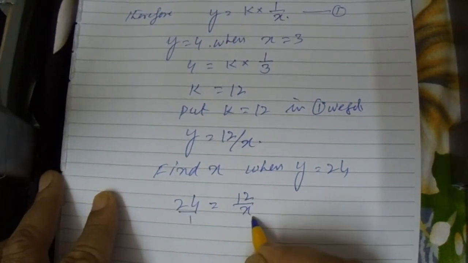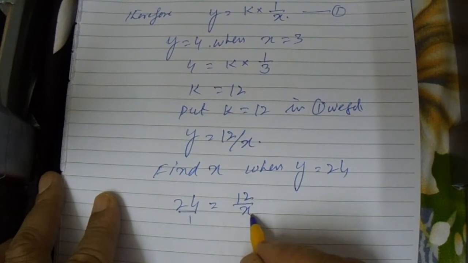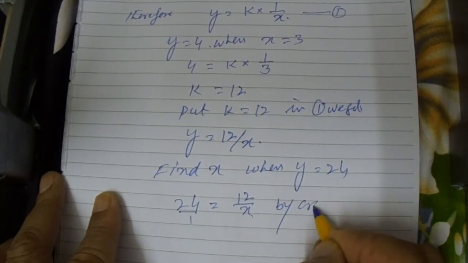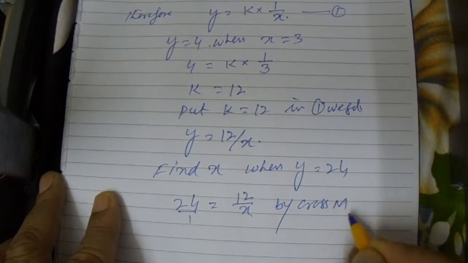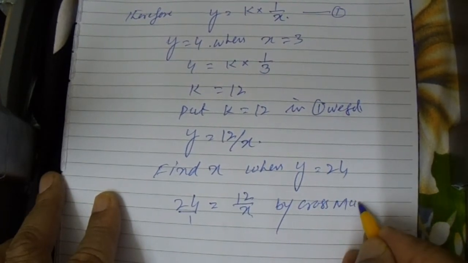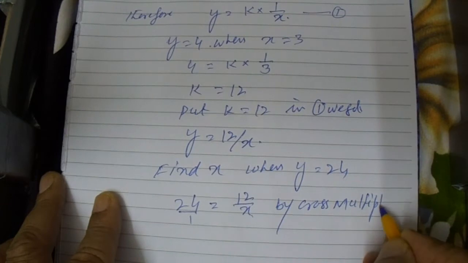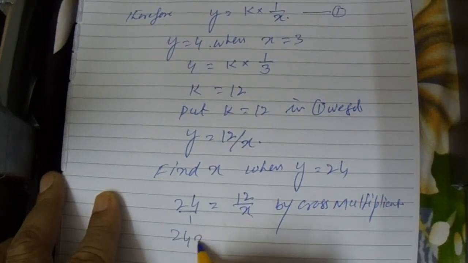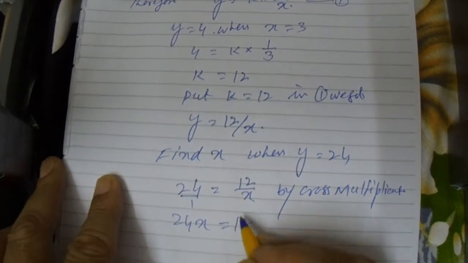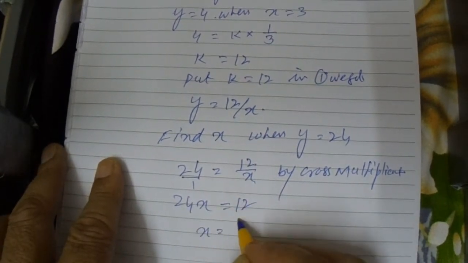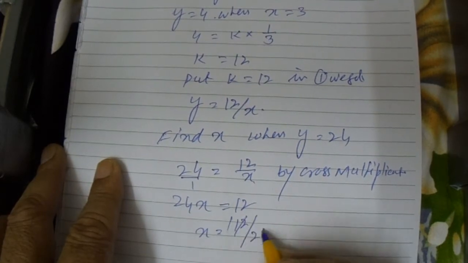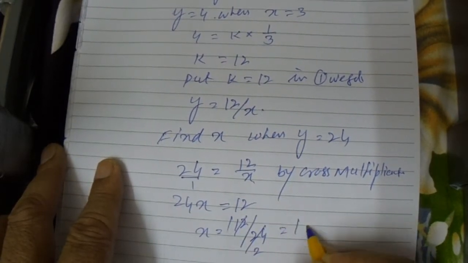Now find the value of x by cross multiplication. This 24x is equal to 12, and x is equal to 12 over 24, and 12 ones are 12, 12 twos are 24, is equal to 1 by 2.